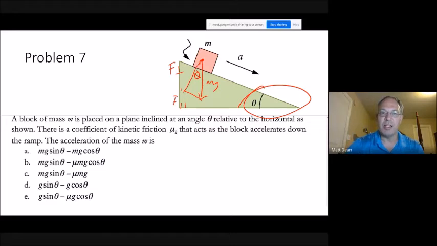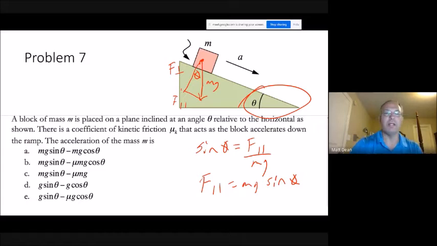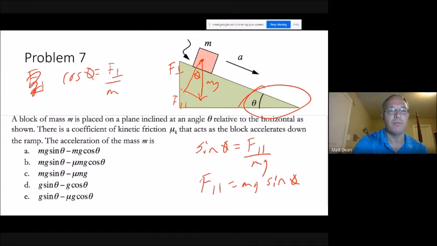F parallel is the opposite side to that angle of theta, so we're going to use sine: the sine of theta equals F parallel over mg, which means F parallel equals mg sine theta. F perpendicular is the adjacent side to the angle, so we're going to use cosine: the cosine of theta equals the adjacent side over the hypotenuse, which means F perpendicular equals mg cosine theta.